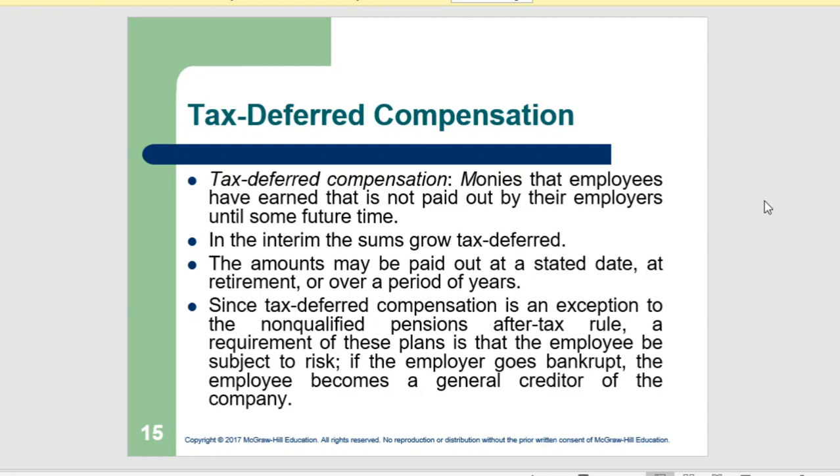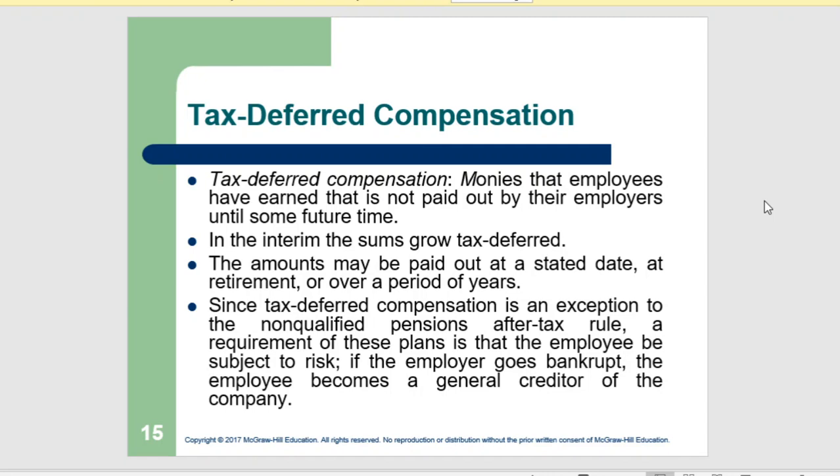The sums of tax deferred compensation grow tax deferred, right? I mean, it's in the title, but the notion is that you're not paying along the way. You pay at the end, or once the withdrawal starts happening.